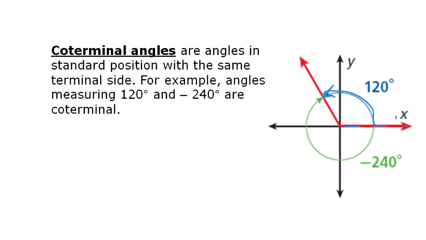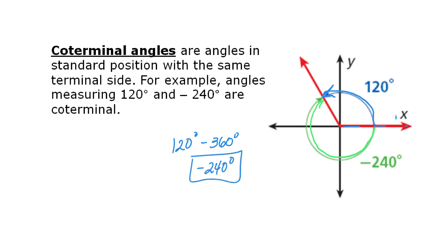A less obvious way is the negative rotation, that clockwise rotation, which would be negative 240 degrees. So that negative 240 degrees comes about by taking our angle, 120 degrees, and subtracting 360 degrees. That would be the negative rotation. So this would be the algebraic way of finding that negative 240 degree rotation.